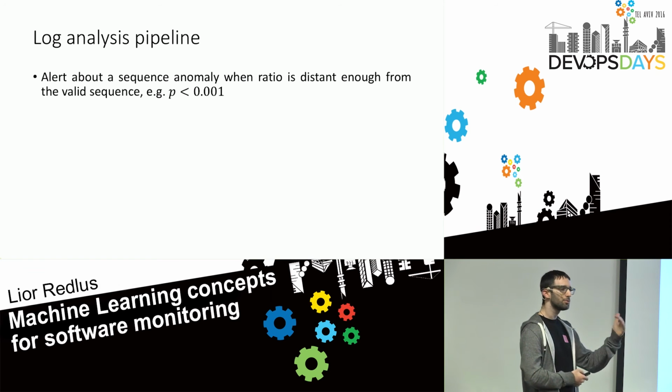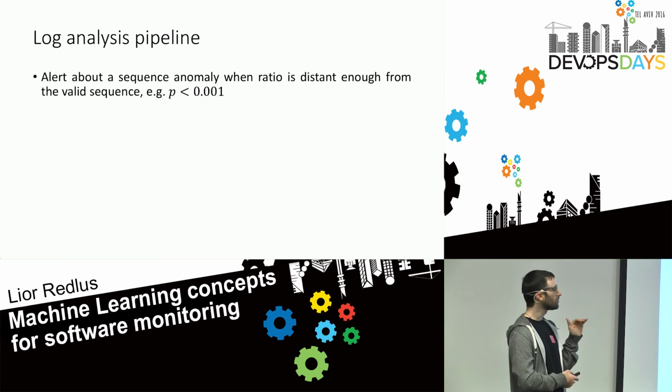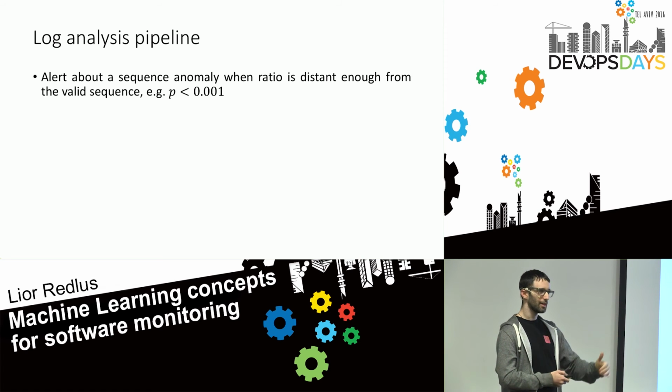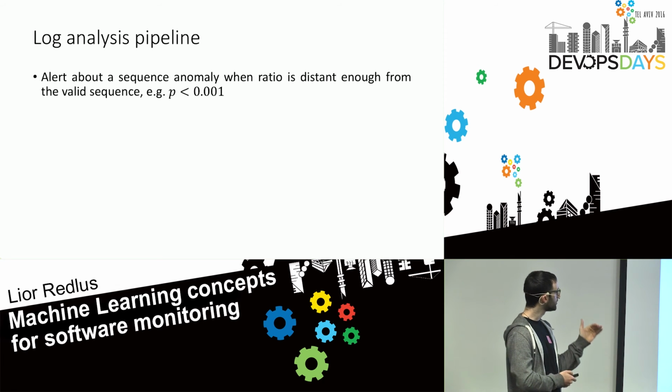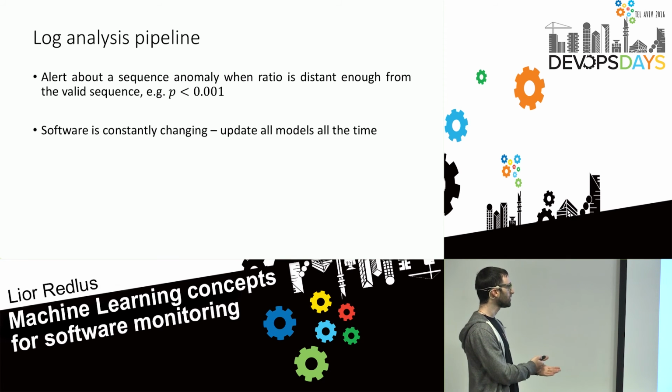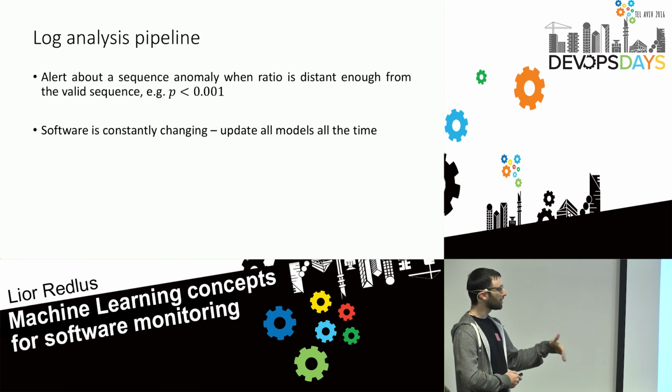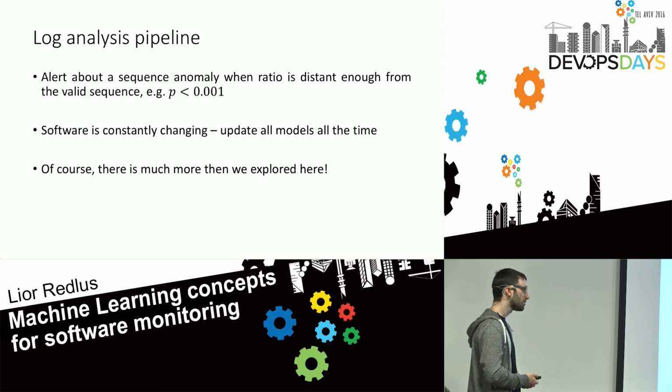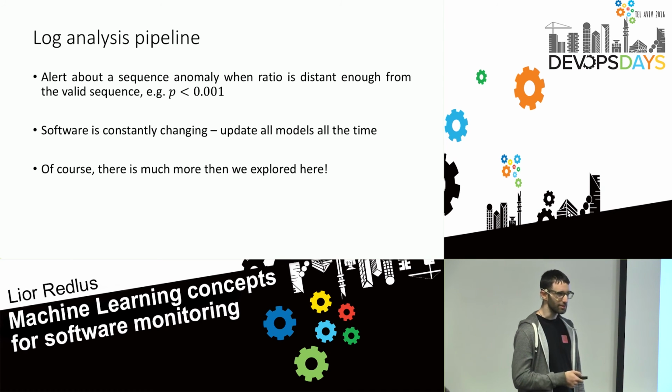There are many sequences that break all the time. But if it goes to a significant level, then you probably have an error in your system, and you will be notified of it in real time. Additionally, software is constantly changing, which means that we will be updating the model all the time as long as these sequences continue to come. And there is much more that we haven't explored here.